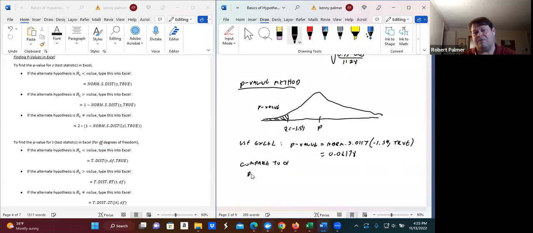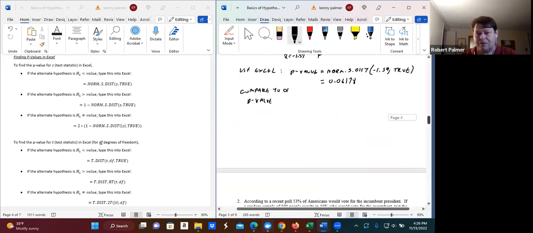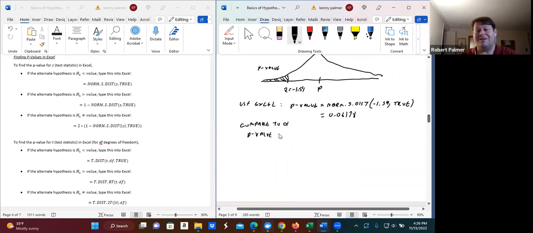The p-value, 0.06178, is simply less than alpha.